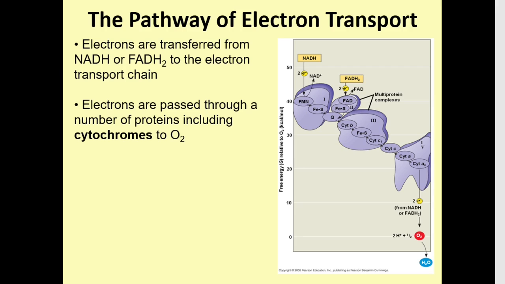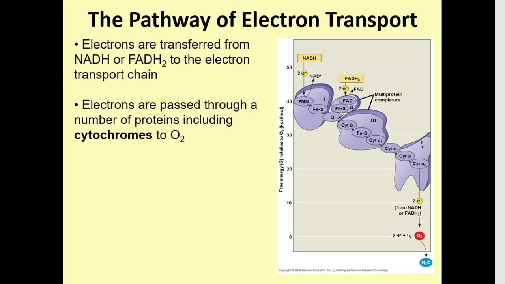It will exert a huge pull on electrons. So when electrons are far away from oxygen, they represent potential energy because what they want to do is essentially fall towards oxygen. I always think of this as a ball rolling down a hill.